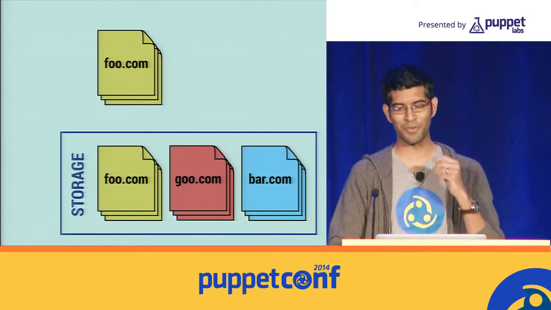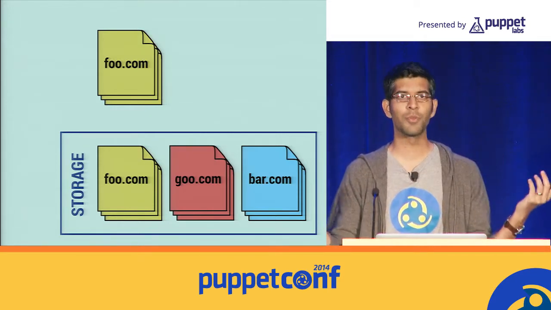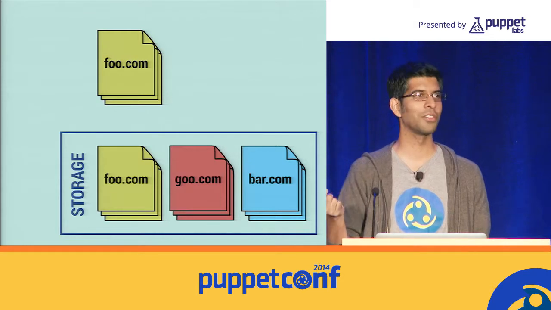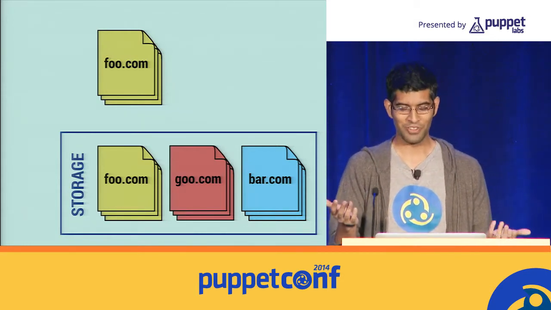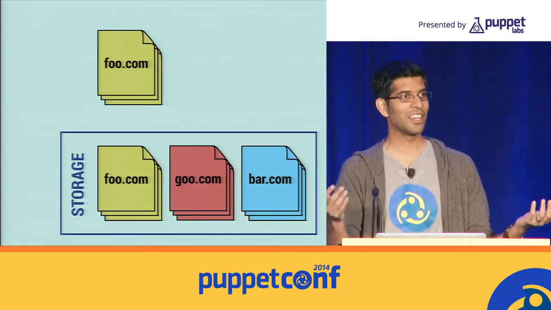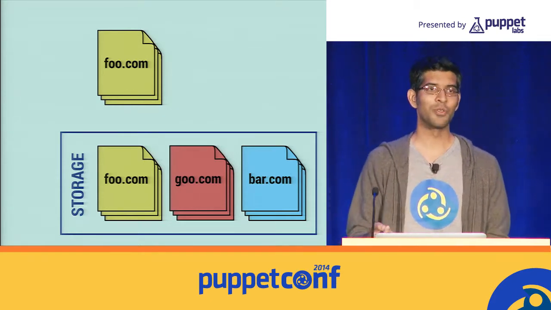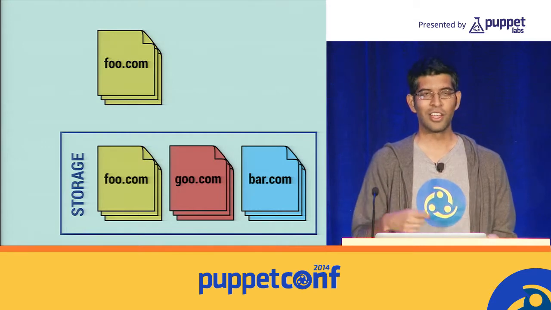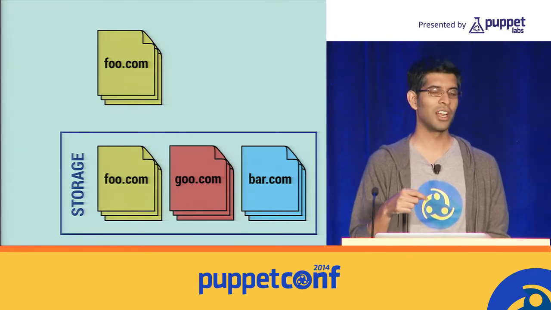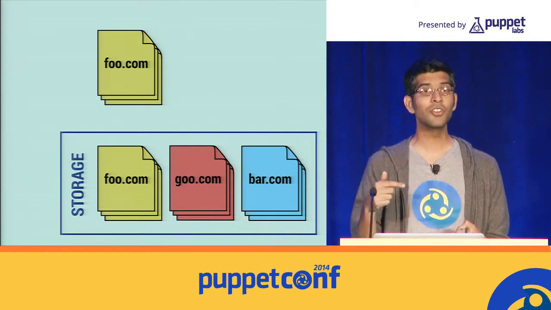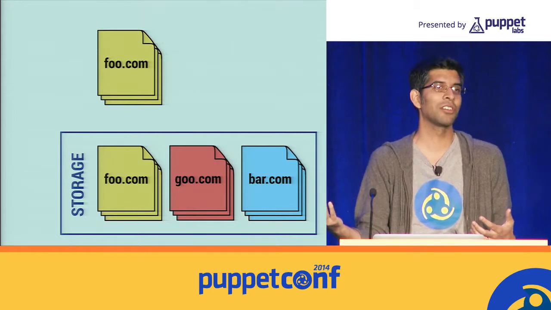That's a metaphor for saying that the information I already have persisted for this node is exactly the same as what I'm getting. So let's think about that for a second. Is that a fair assumption to make? For that to be true, let's say you're running Puppet every 30 minutes, right? How often are you actually making changes to that system's config that would result in a different catalog for that box?